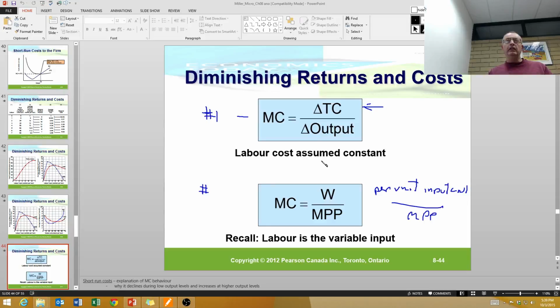So in the examples that we're illustrating here, we're using labor as our input, and labor comes in units of hours, and it costs so many dollars per hour.